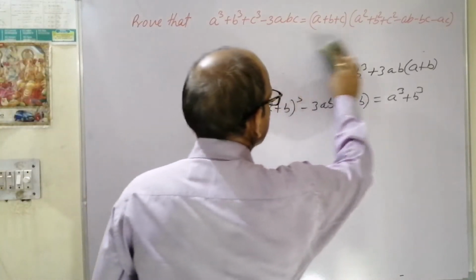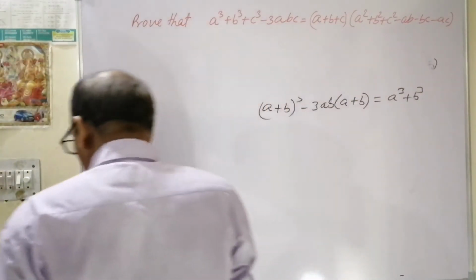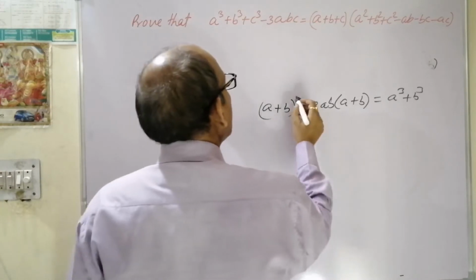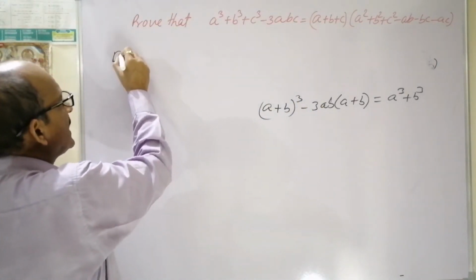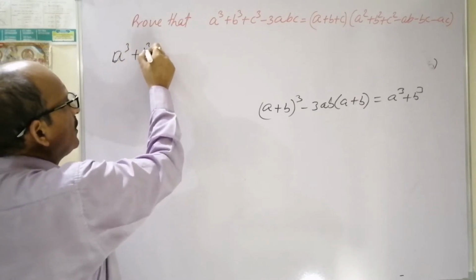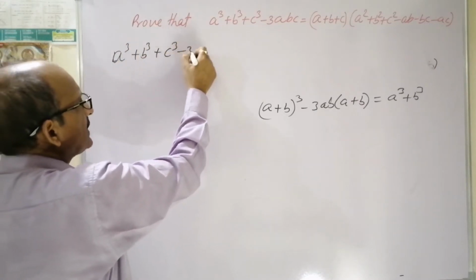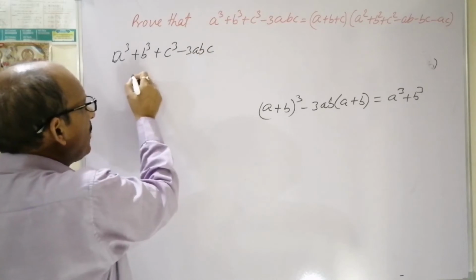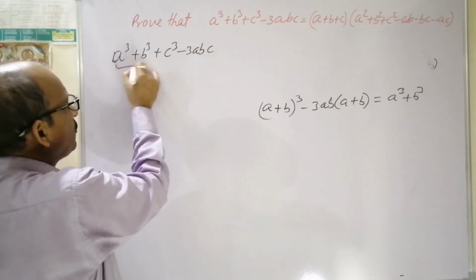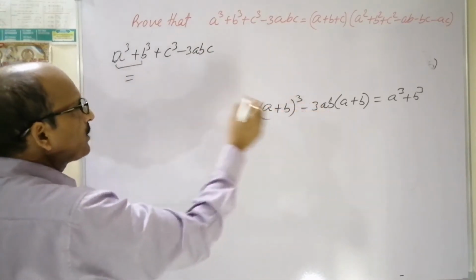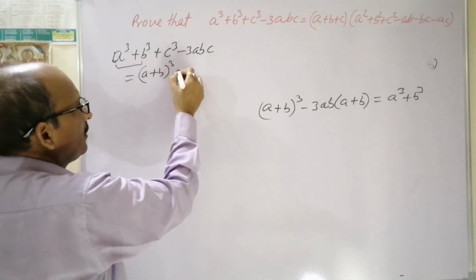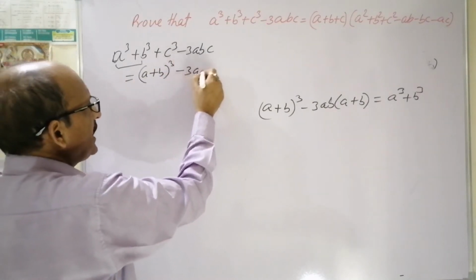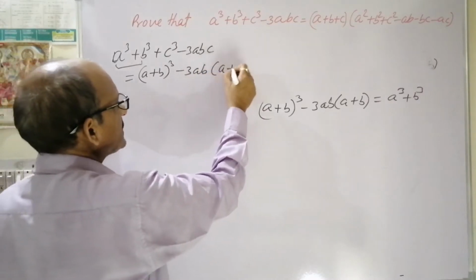Now I am coming with the left hand side only, that is a cube plus b cube plus c cube minus 3abc. What can this be written as? For a cube plus b cube we have already known what to write: (a plus b) whole cube minus 3ab in bracket (a plus b).